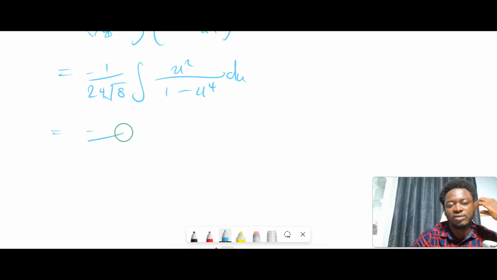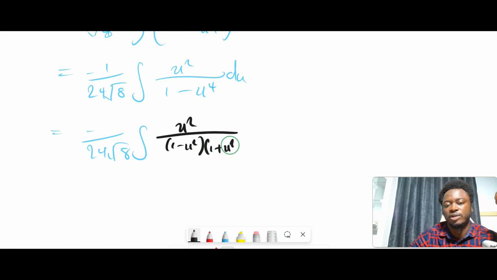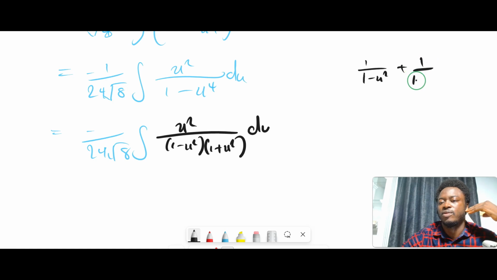You have a negative 1 over 2 4th root of 8 times the integral of u squared over 1 minus u squared and 1 plus u squared, du. And if you do the partial fraction representation, let me see, 1 over 1 minus u squared plus 1 over 1 plus u squared.